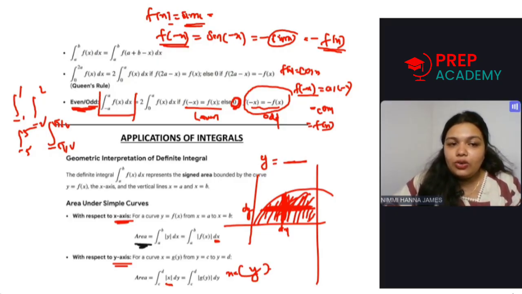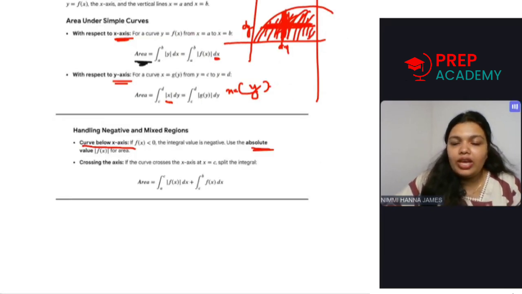For a curve below the x-axis, we take the absolute value of the area. Since we are finding the area, it doesn't matter if it is in the upper or lower portion of the axis, or the second or third quadrant. We just want to know how much area that is.